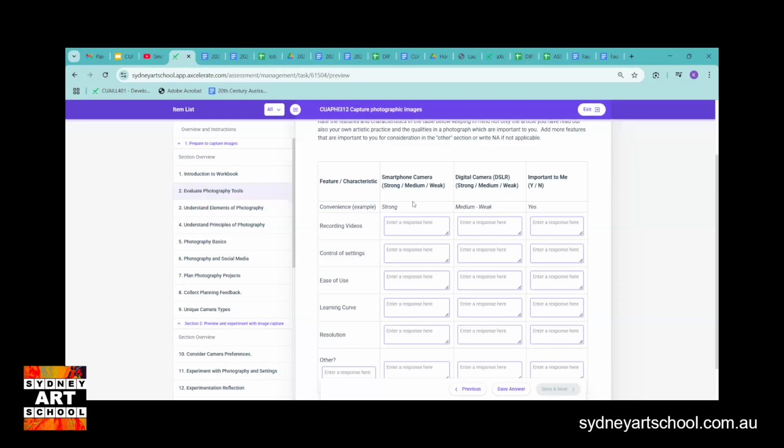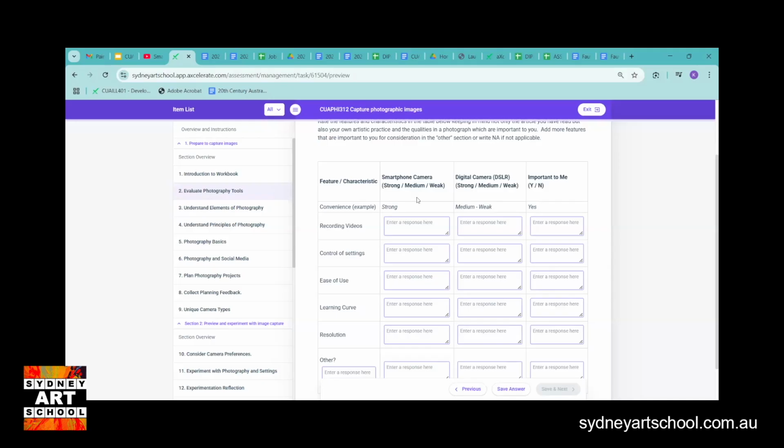First off, looking at a smartphone, in terms of convenience, a smartphone is very strong. A digital camera is weaker in terms of convenience. Is that important to you? Yes or no? Obviously, in answering these questions, we'd like you to give a little bit more detail about why it's important to you. But we can go through a few of these.